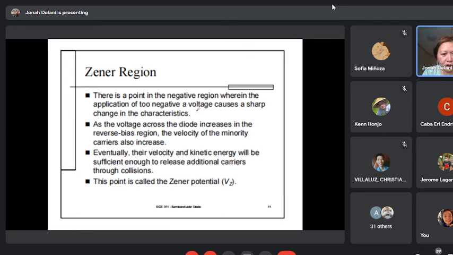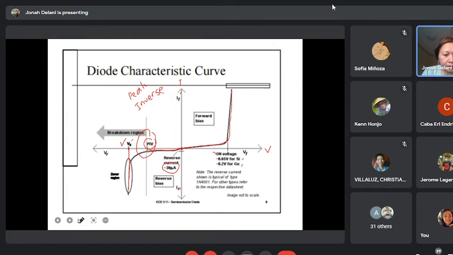Let us continue. So at the Zener region here, this is only true for special types of diode.